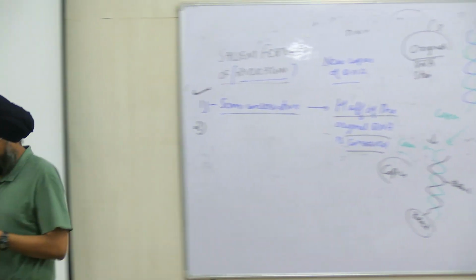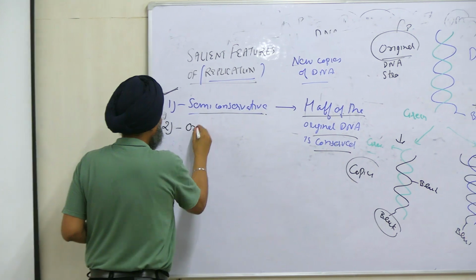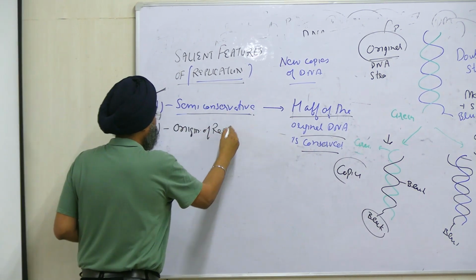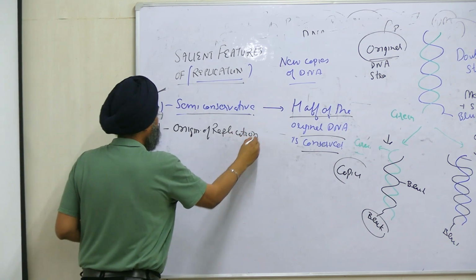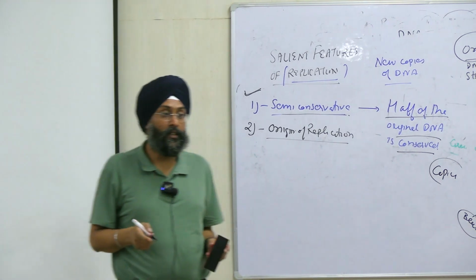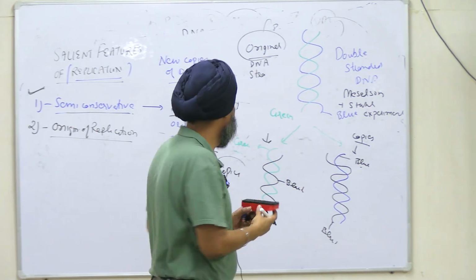Right, now coming on to the second rule for replication, the point of origin of replication. Today we are doing replication in prokaryotes. Tomorrow we'll be doing replication in eukaryotes, right?